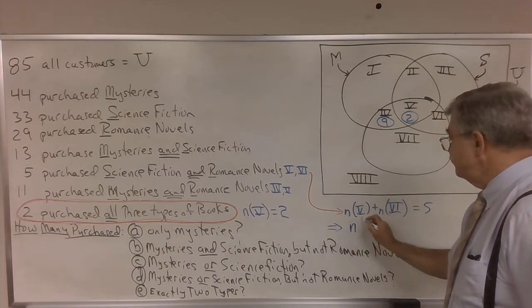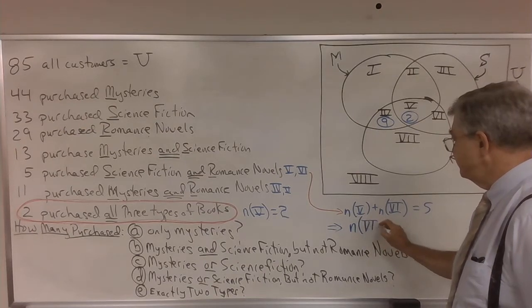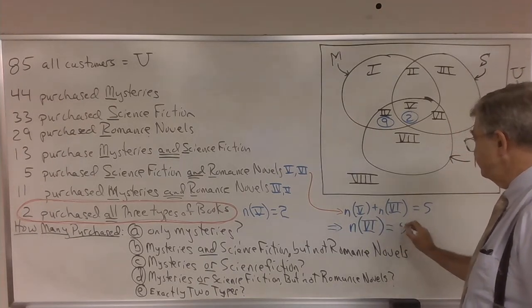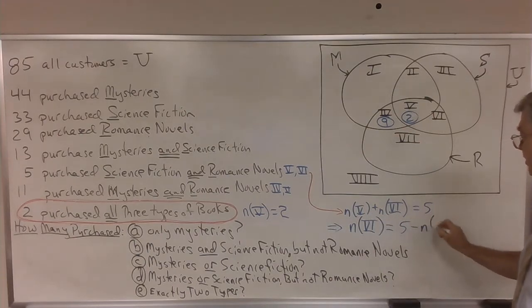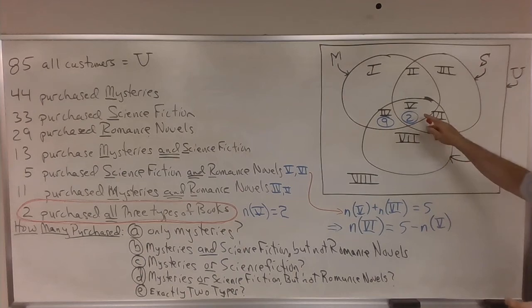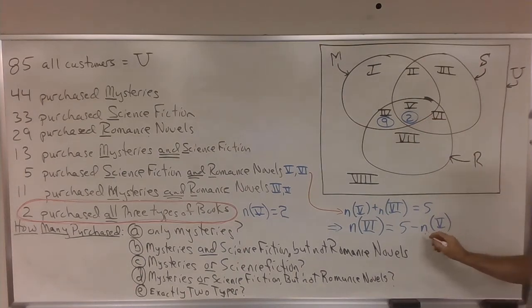So let's see, the number of people in region 6 is equal to 5 minus the number of people in region 5. And how many people are in region 5? 2, right? So this is 2. So that's equal to 5 minus 2, which is 3.